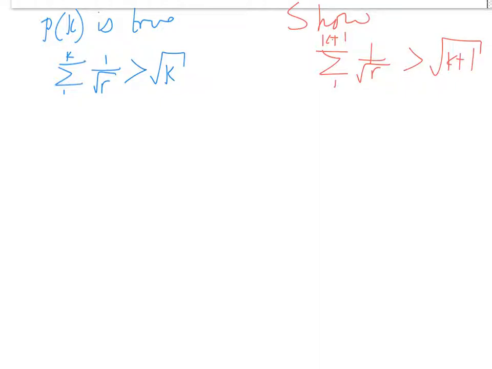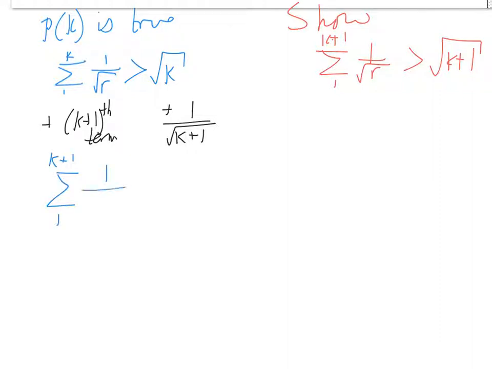So let's start by adding one more term. Adding the k plus 1th term to both sides. So the k plus 1th term is going to be 1 over root k plus 1. Add that to the left side, and now the sum goes up to k plus 1. Add it to the right side, and you get root k plus 1 over root of k plus 1.